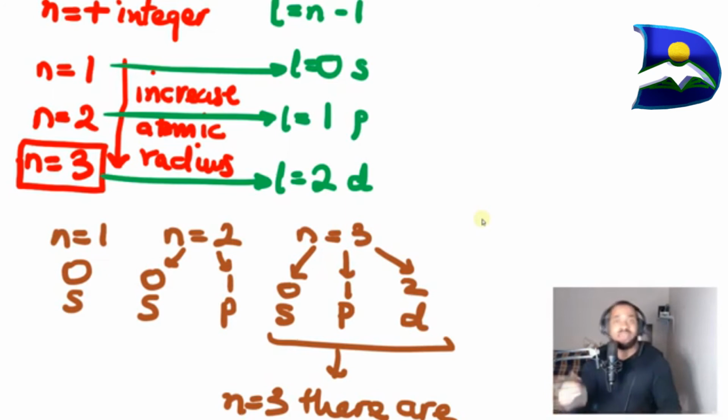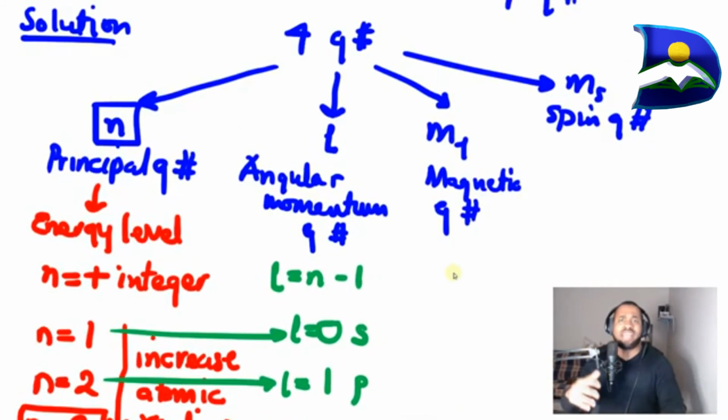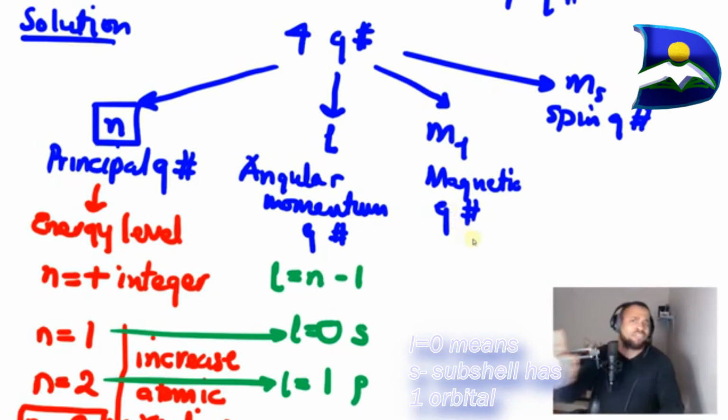And that means n equals 4 has 4 different types of orbitals, and this will probably lead, in our next video, to the magnetic quantum number, which tells us the orientation of the orbitals in space. We know the s orbital doesn't have any orientation because it's just spherical.